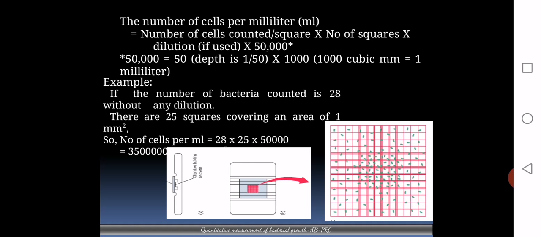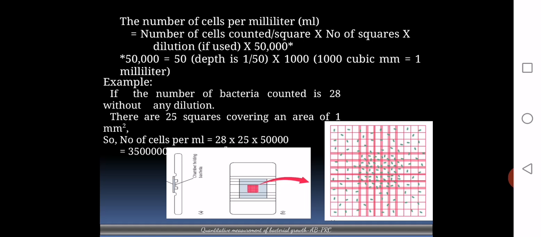That means 50 represents the inverse value of the depth of this particular square, and that is converted into cubic mm by multiplying this value with 1000, so that you get 50,000 as a constant value for 1 ml, if you want to calculate per ml.